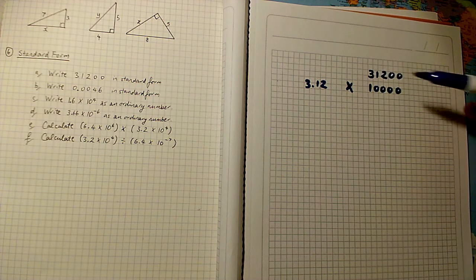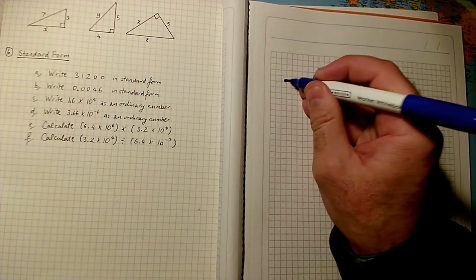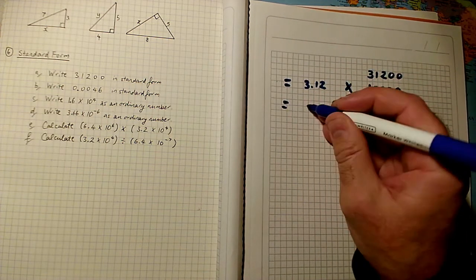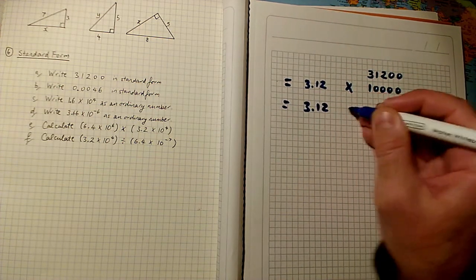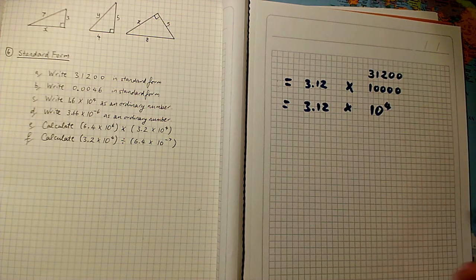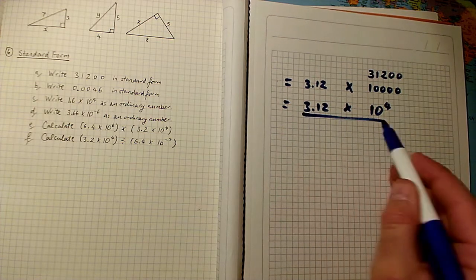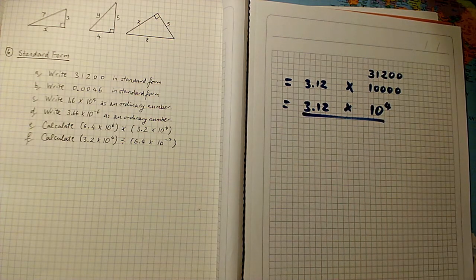So it's about 3 times as big, plus the extra 0.12. So that equals that, and that's equal to 3.12 times 10 to the power of 4. Easy rule, count the zeros, 1, 2, 3, 4 zeros, and that's in standard form.